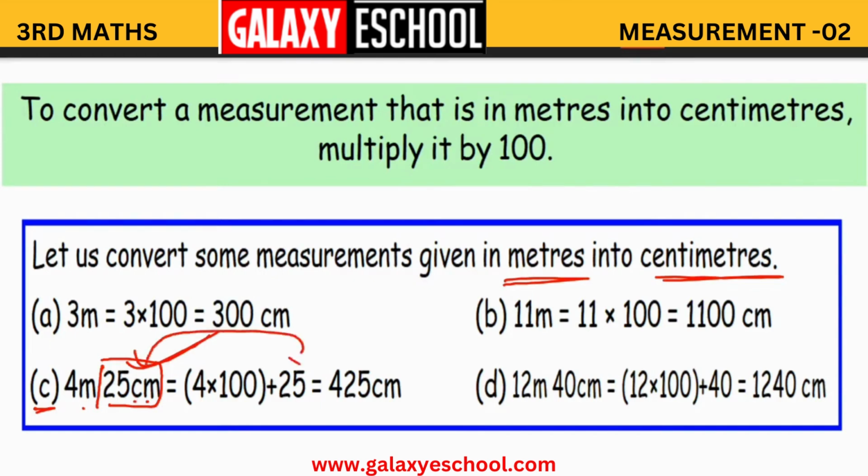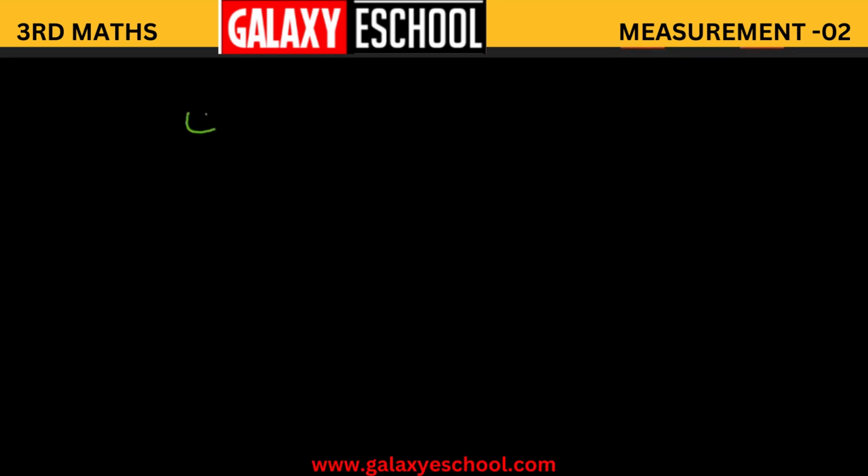So we'll place 25 as it is. Now before that, what do we have? 4 meters. What is the question? 4 meters 25 centimeters. It is nothing but 4 meters plus 25 centimeters.